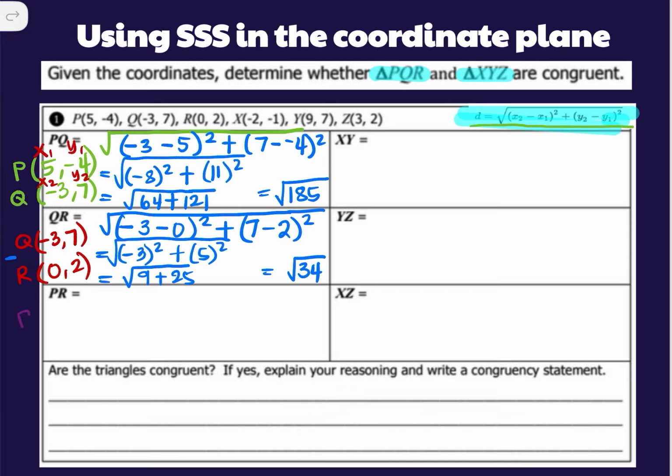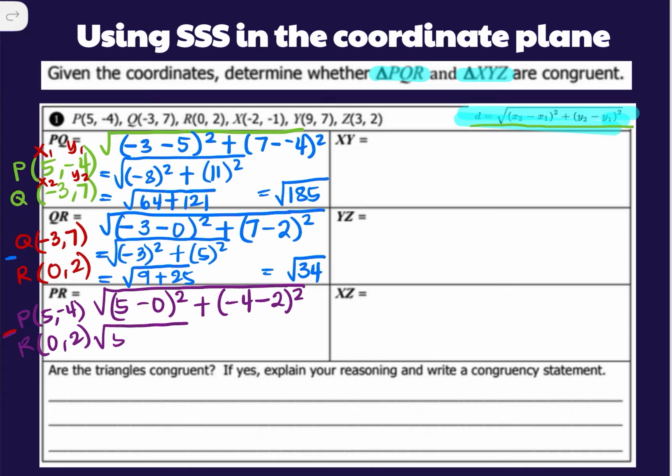P with coordinates 5 and -4, R with 0 and 2. So we'll do my x values, 5 and 0. I'll do 5, which is my top number, minus the bottom number, and then square, plus -4 minus 2 to the second power.